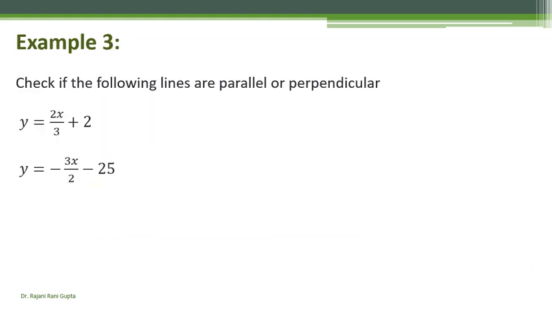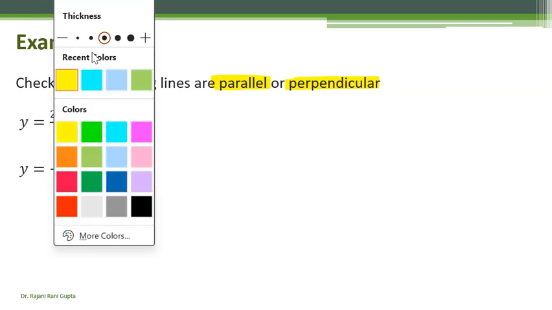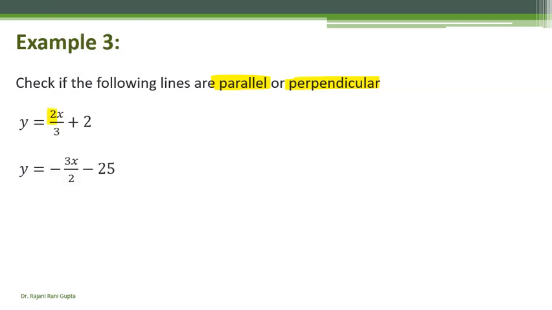Well, let's take one more question. In this question, they ask you to check whether the lines are parallel or perpendicular. They didn't specifically mention parallel or perpendicular, so you have to check for both. In that case, do it straightforwardly. Find the slope of the first line, which is 2 over 3, and the slope of the second line, which is minus 3 over 2.